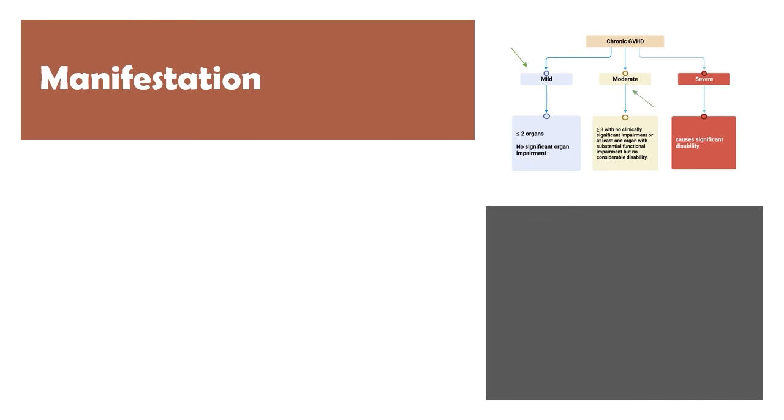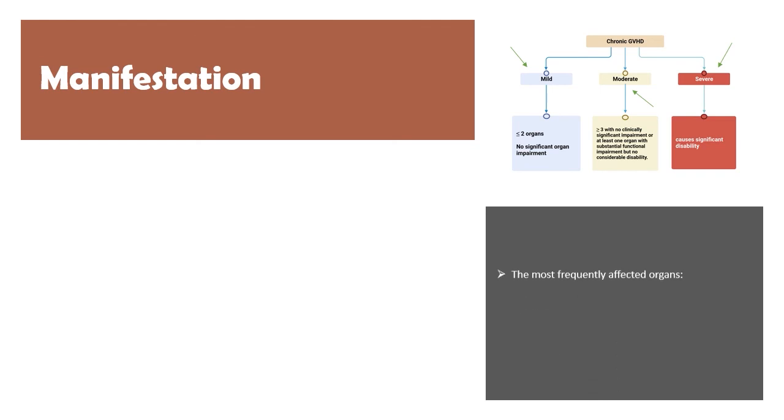In the moderate form, 3 or more organs are involved with no clinically significant impairment, or at least one organ site has clinically substantial functional impairment but no considerable disability exists. In the severe form, chronic graft versus host disease causes significant disability.